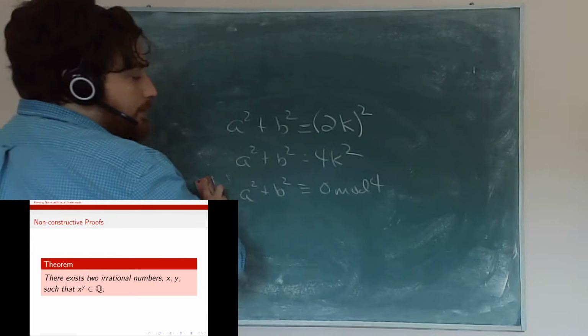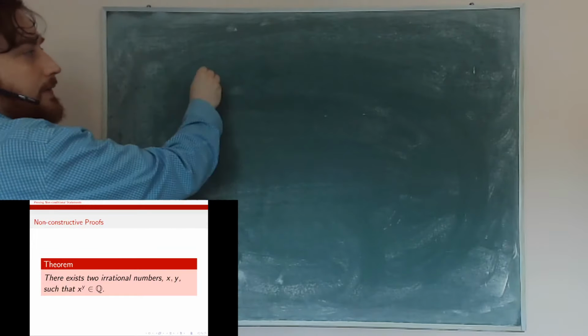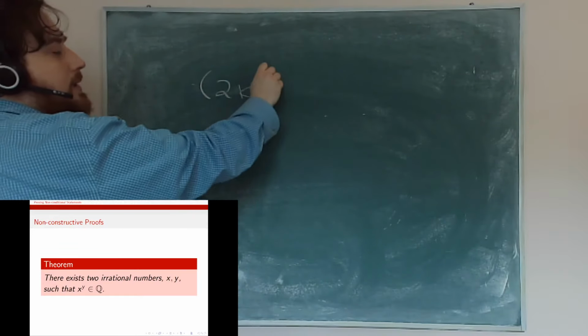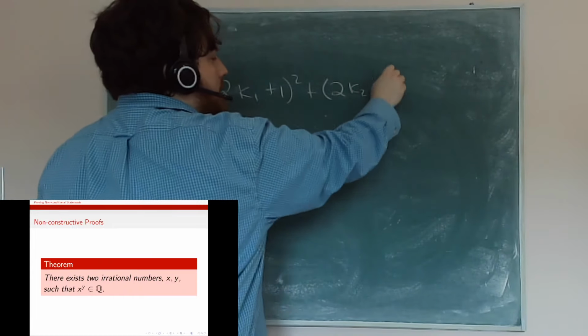So now what I want to go back to is the definition that an odd number looks like 2k1 plus 1 squared and 2k2 plus 1 squared.